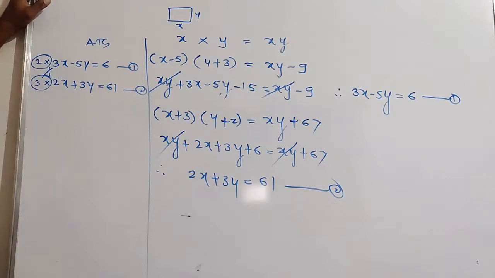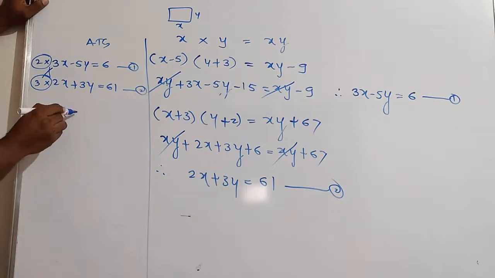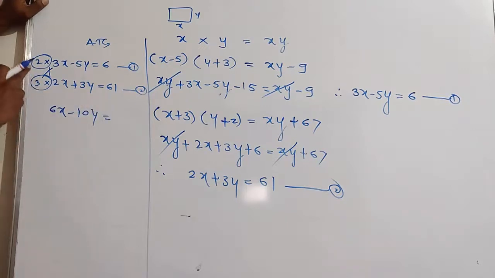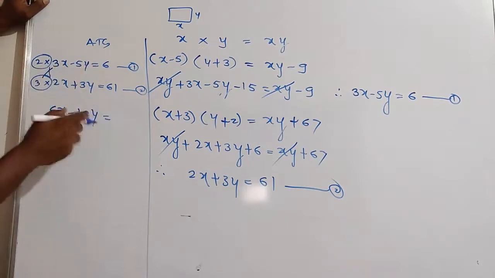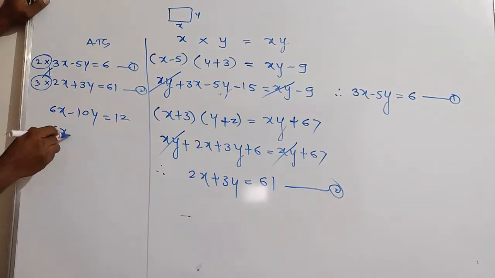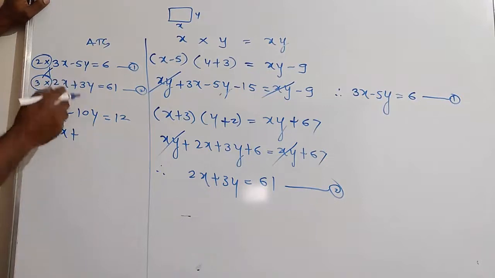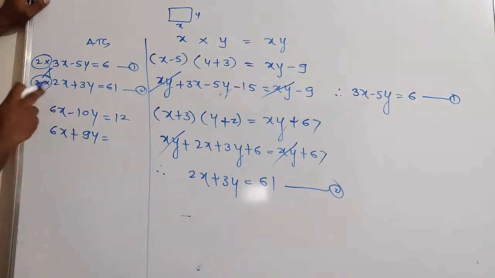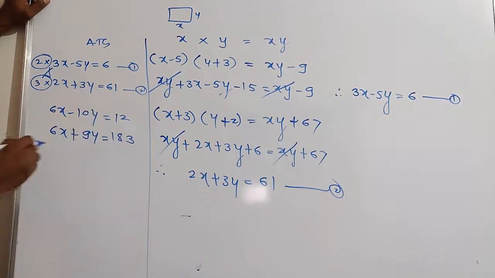If we multiply by 2, it will be 6x minus 10y is equal to 12. All the terms we will multiply by 2. 3 2s are 6, plus 3 3s are 9y is equal to 3 6s are 18.